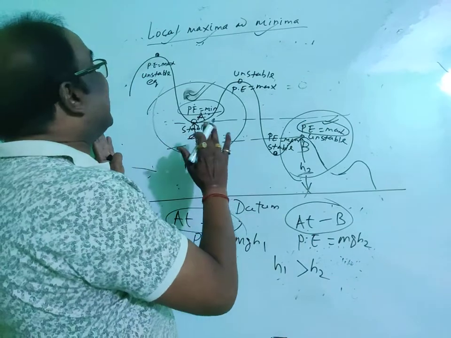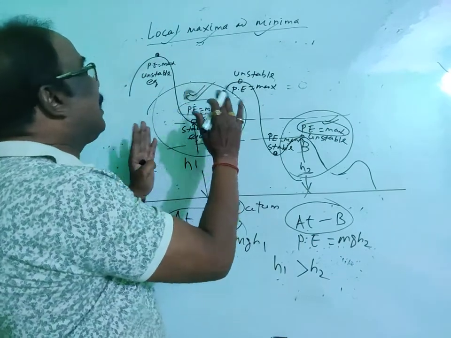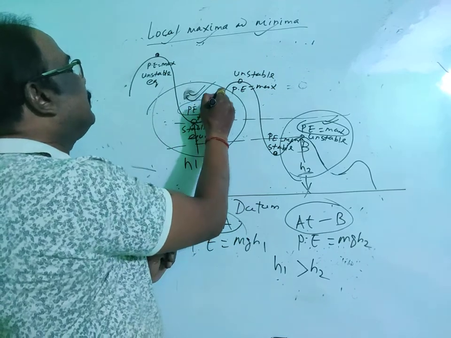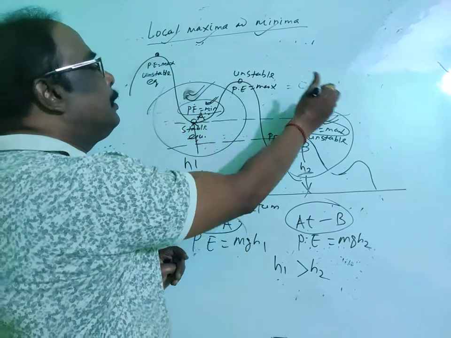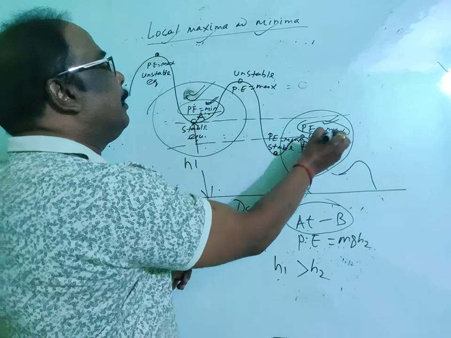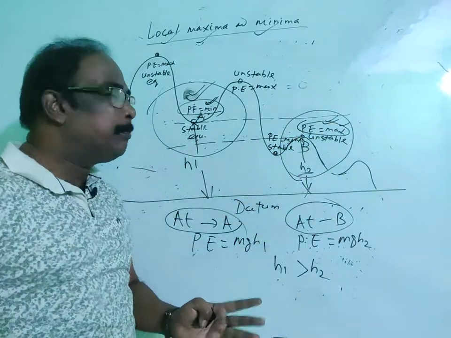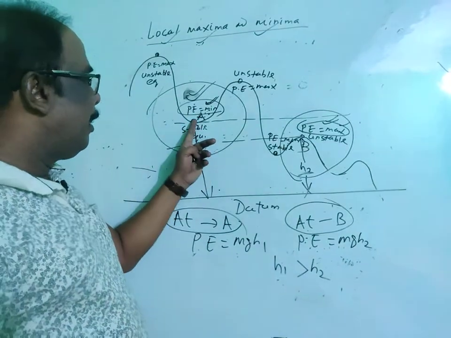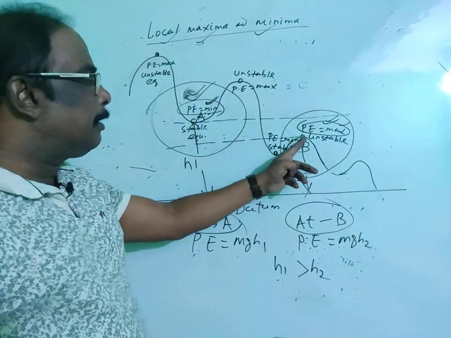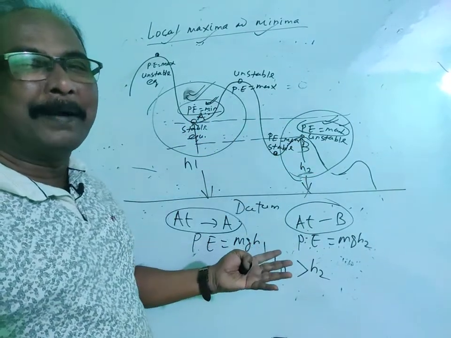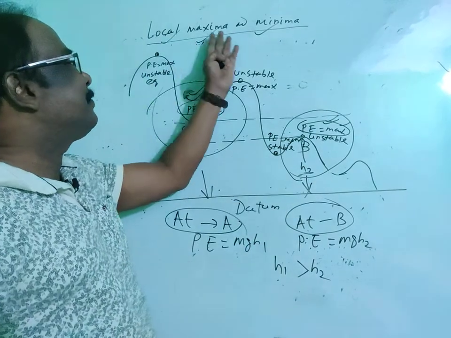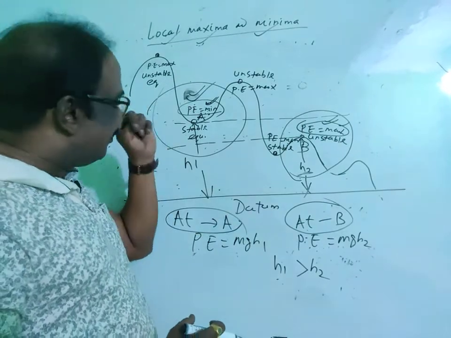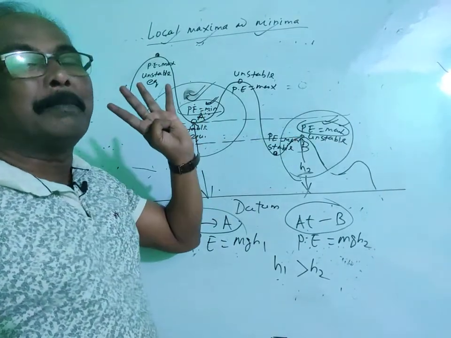But if you consider the concept of local maxima, in this locality at position A, potential energy is minimum. In this locality at position B, potential energy is maximum. But if you compare between A and B, A is at maximum potential energy, B is at minimum potential energy. But in accordance with the concept of local maxima and local minima, this is minimum, this is maximum.